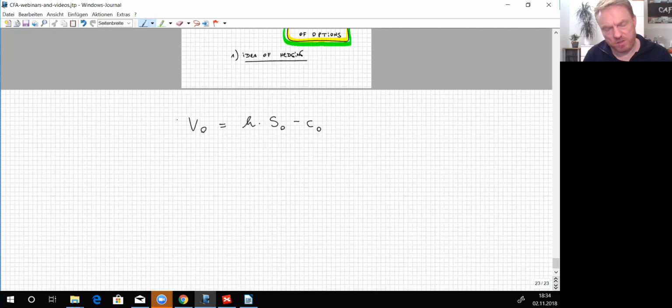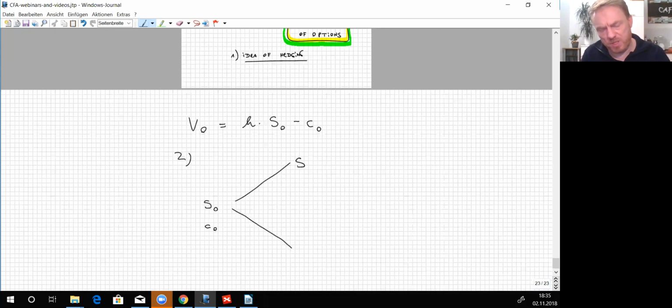Now, the tree, sketching the tree. The binomial tree consists of two different outcomes. First of all, S0, the value of the underlying share, for example, this is why we call it S. And then, of course, C0, because we want to compute the value of the call option. It could go up or it could go down.